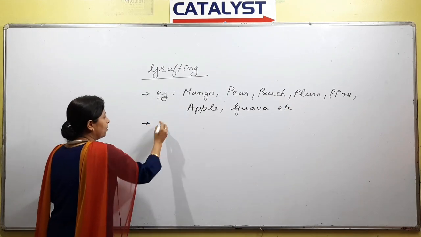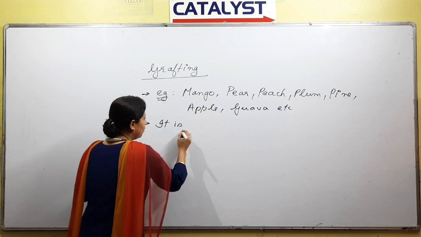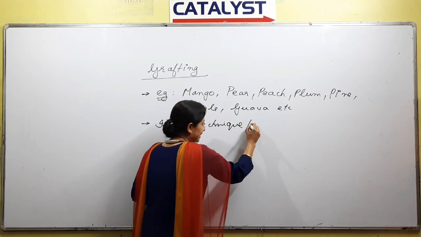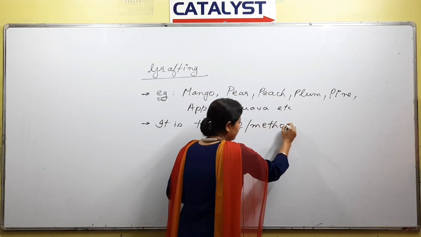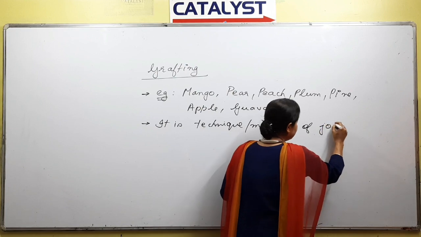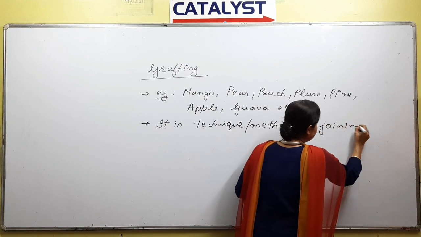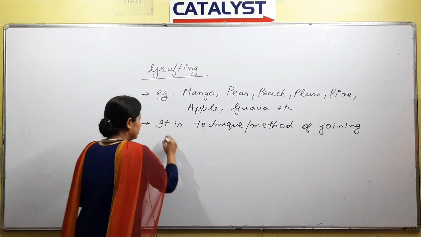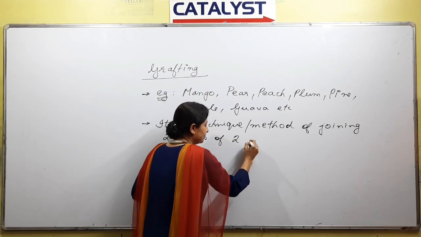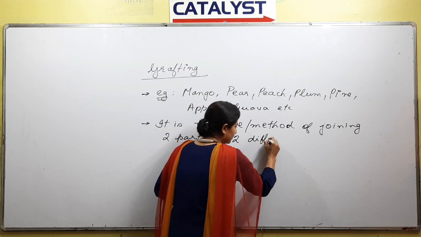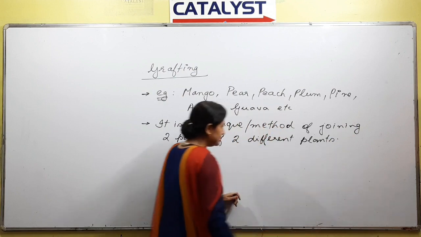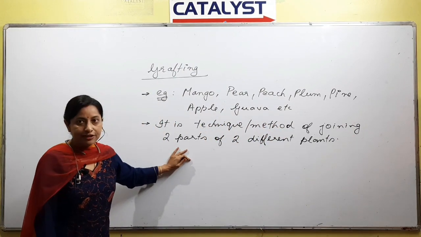Next, what is grafting? It is a technique or method of joining two parts of two different plants. So in case of grafting, what we do is we join two parts of two different plants.